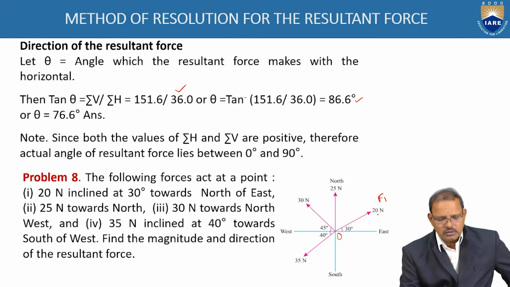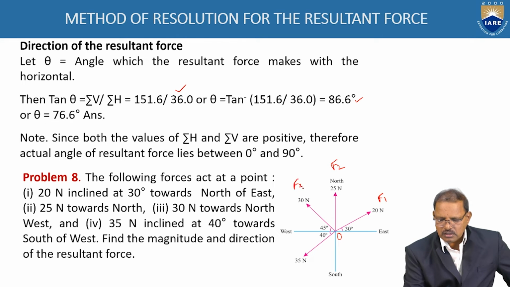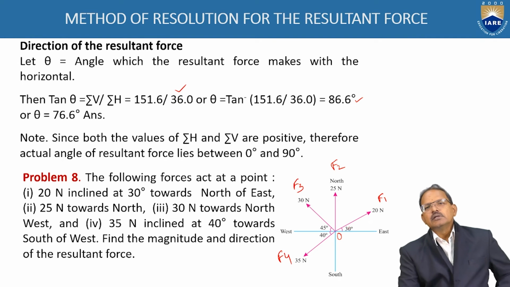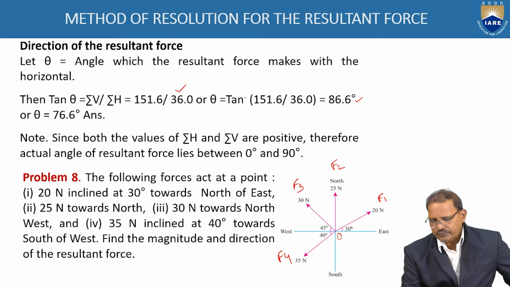Second force, 25 newtons toward the north. Third force, 30 newtons toward the northwest. And fourth force, 35 newtons inclined at 40 degrees toward the south of west. Find the magnitude and direction of the resultant force.